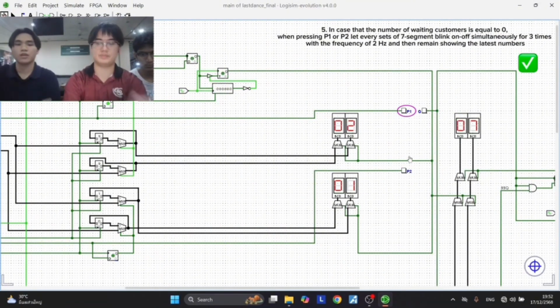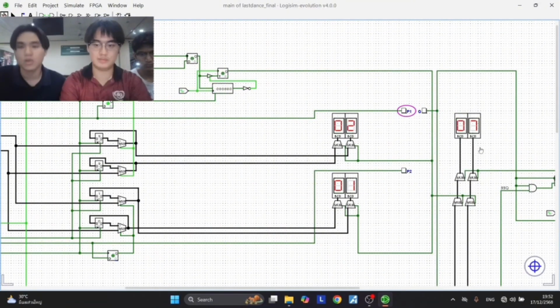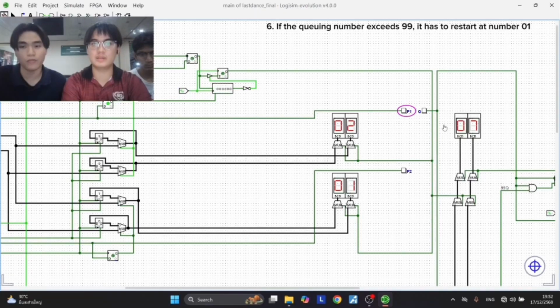Okay, check. The next condition is when the waiting number reaches 99, it has to blink 3 times at 2 Hz frequency, but only the 7 segment of this queue.